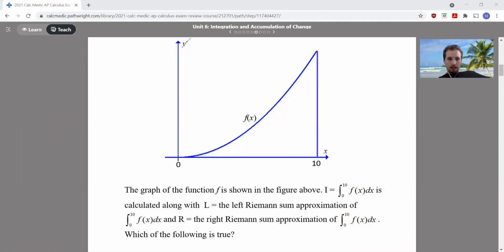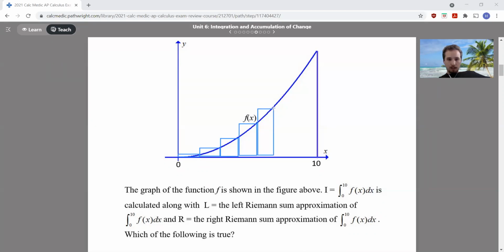But let's try right Riemann sum. So we do that. It's an increasing function, and when we're starting from the right, you might already guess that we're going to get an over approximation because we're starting from the right instead. I'm doing my best to make rectangles. I'm not an artiste.